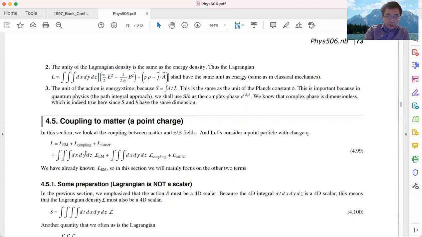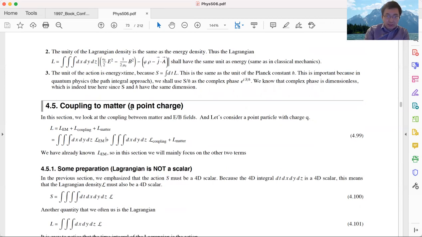As I mentioned earlier, in this section we'll look at a point charge. The action, or more precisely the Lagrangian, is the space integral of the Lagrangian density. Our Lagrangian density, as we mentioned earlier on, contains three parts. One part is the E and M field part. This part is what we learned earlier on: E squared minus B squared with some coefficients. It has a coupling part that tells us how the electric field, magnetic field, and the matter couple together.